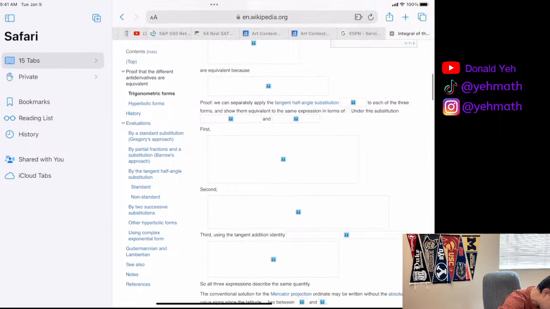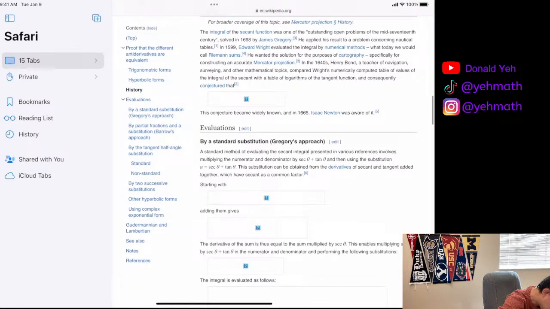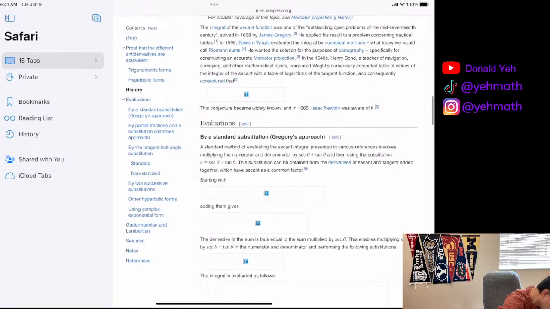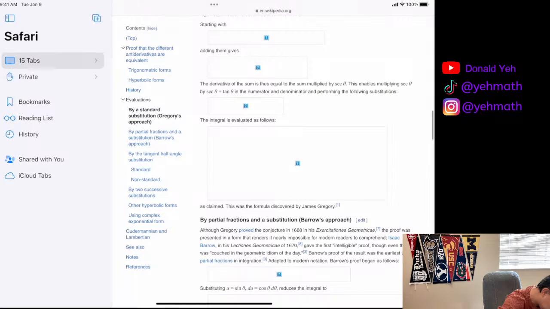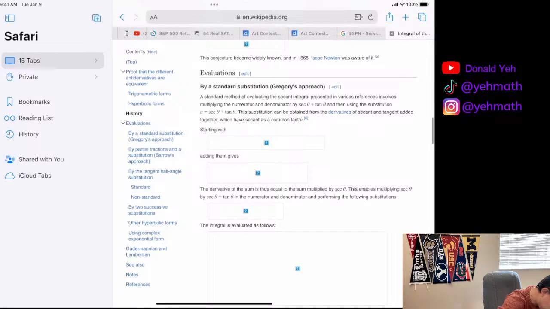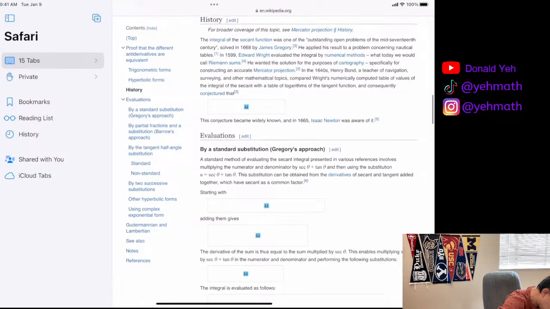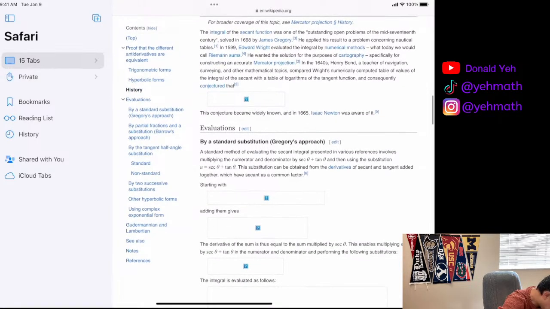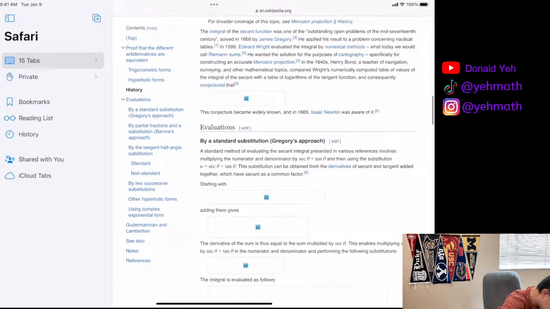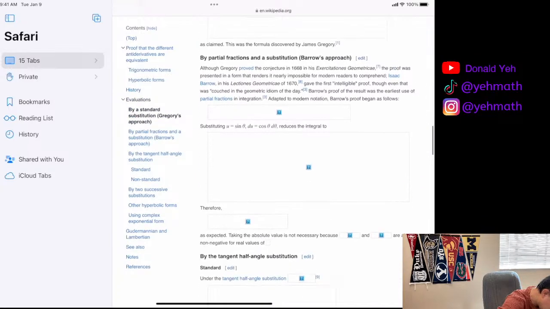They block Wikipedia, so you gotta project it. Oh, so it's called Gregory's approach. Who's Gregory? There are multiple people.